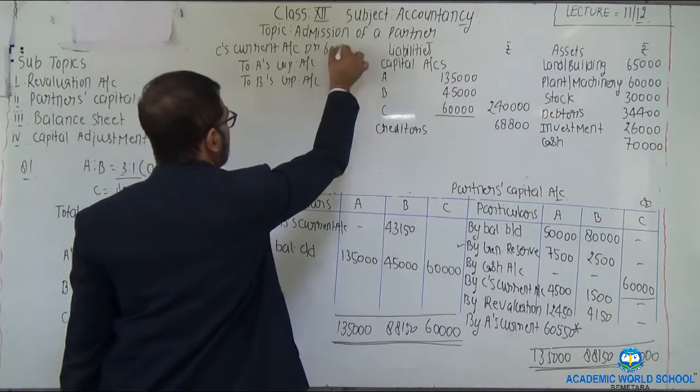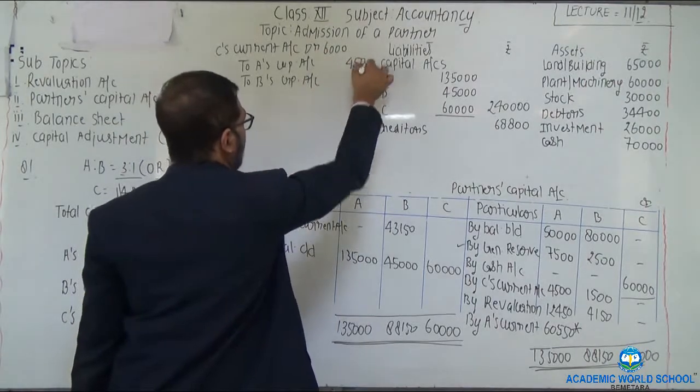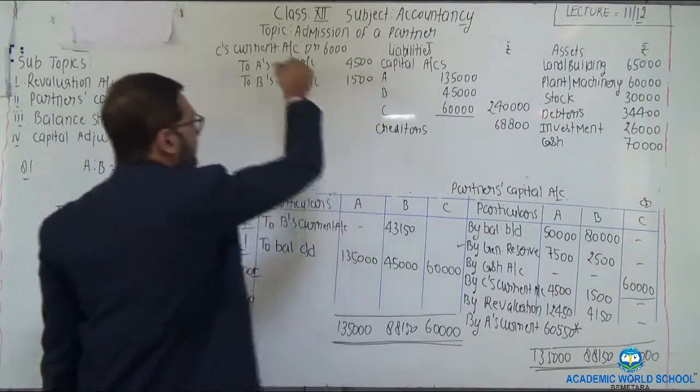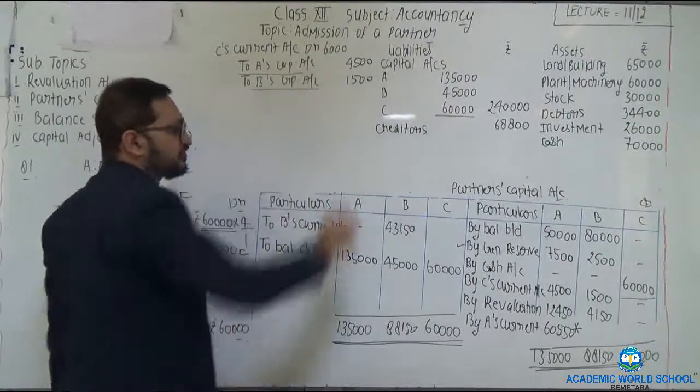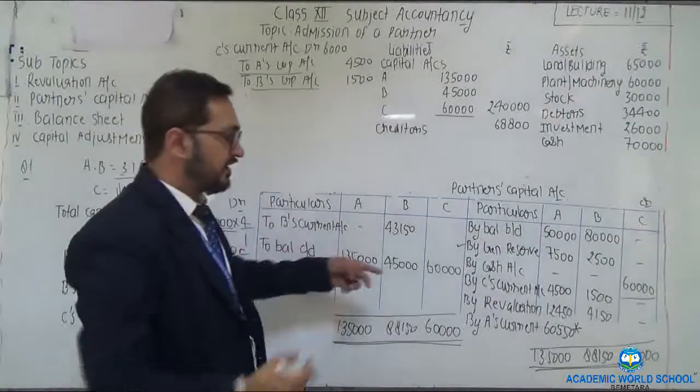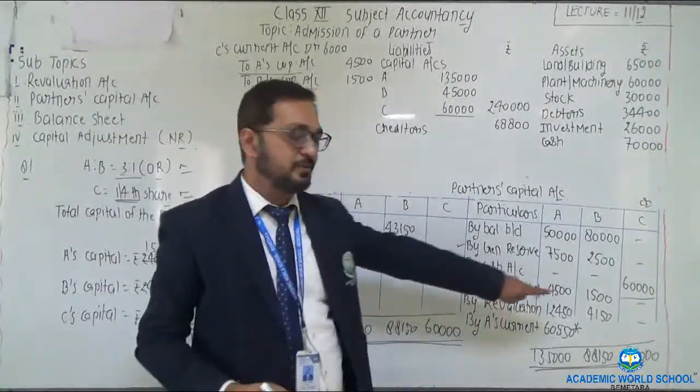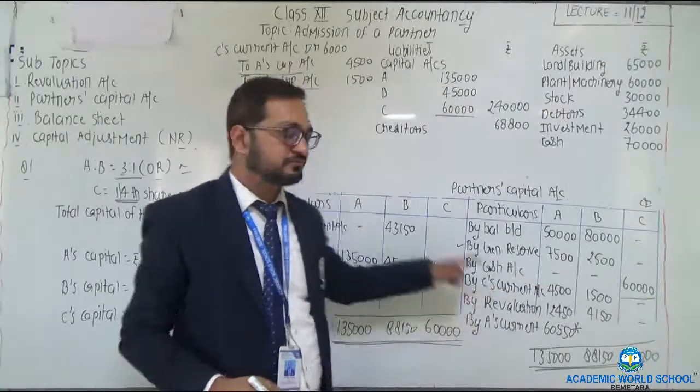The amounts were 6,000, 4,500 and 1,500. A and B are placed on the credit side, that is why we have placed this entry on the credit side of A and B by writing C's current account.